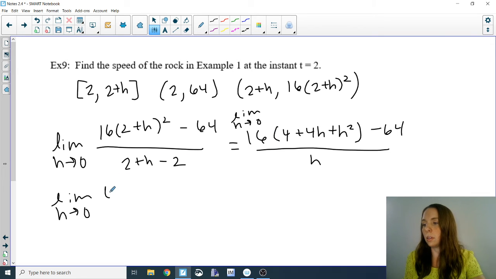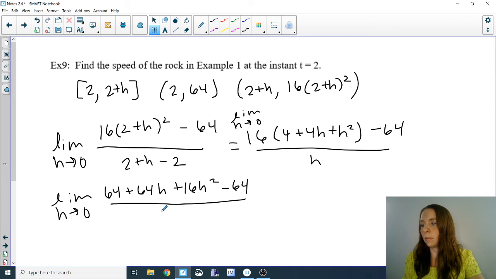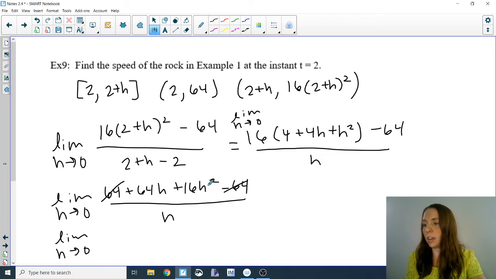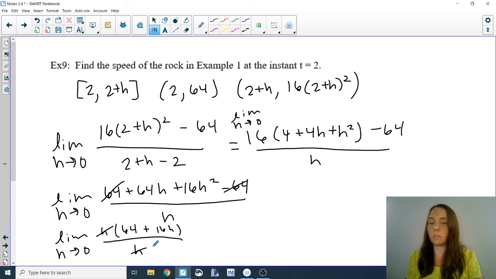Distribute, cancel, factor out an h. Again, we're not really concerned with greatest common factor. Doesn't matter if you do greatest common factor, you'll be okay. You'll still get the right answer, but really we just want to factor that h out so that it cancels with the h in the denominator.